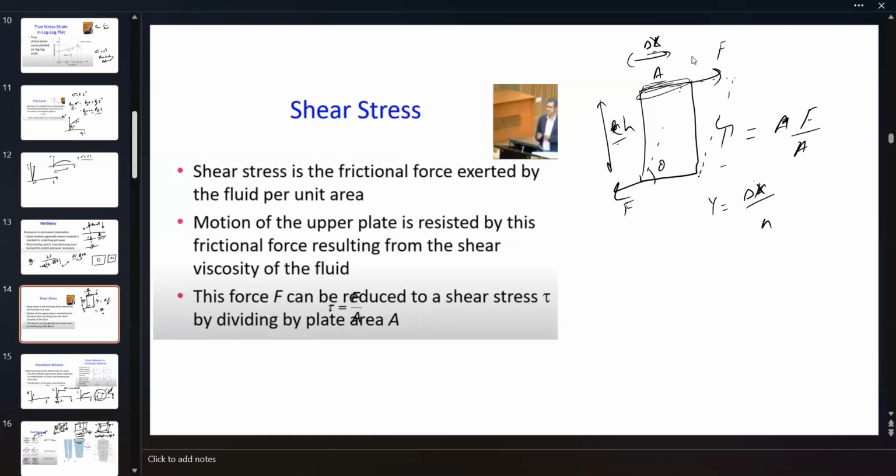On the top surface, the force is toward the right, and on the bottom, toward the left. The shear stress is defined as tau, which is force divided by area. And your shear strain is defined as the deviation delta x divided by h, which is equal to tan theta.